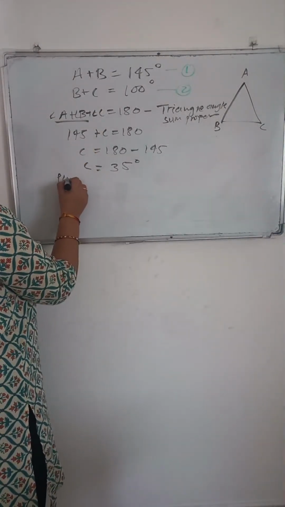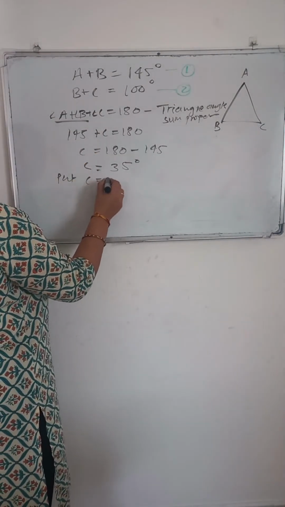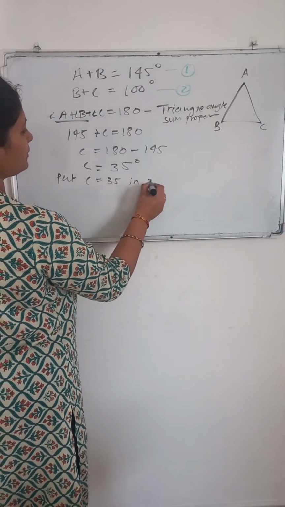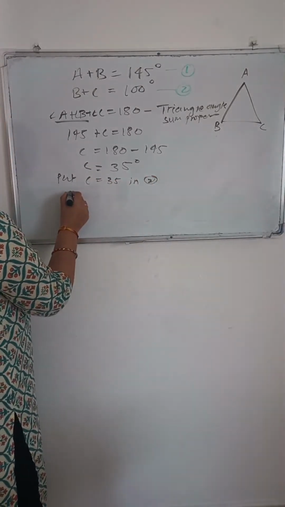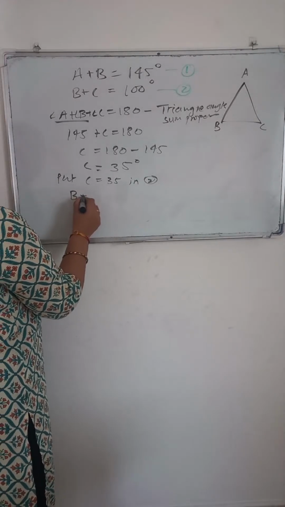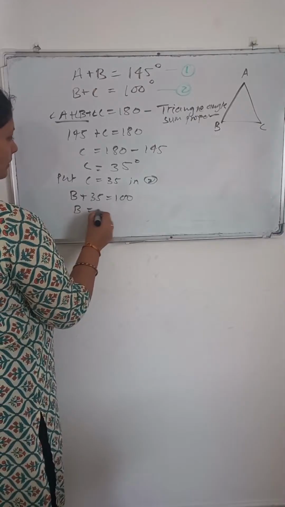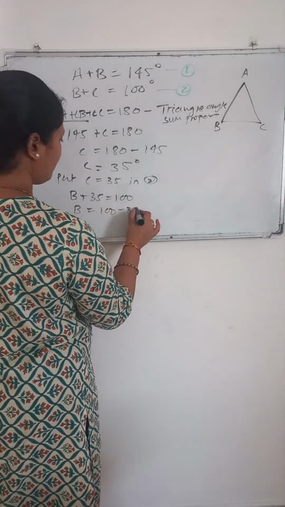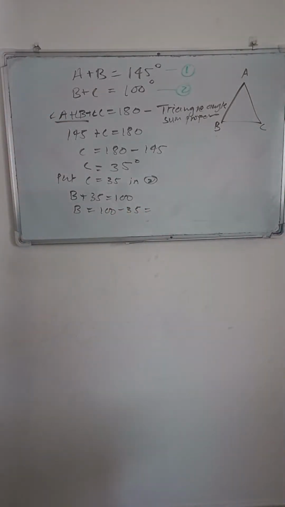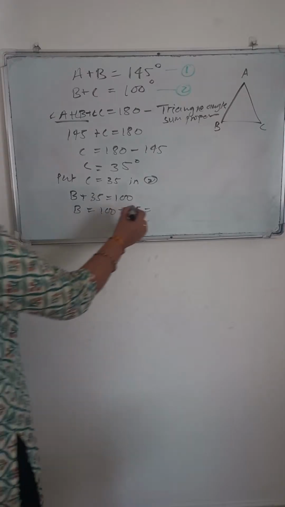So put C is equal to 35 in equation number 2. So B we have to calculate. B plus C, 35, is equal to 100. So B is equal to 100 minus 35. Okay, that is nothing but 65. So write down here.